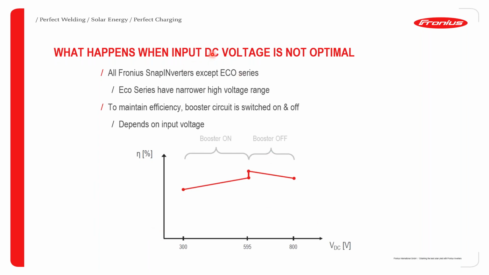So what happens when the input DC voltage is not optimal? All Fronius Snap inverters, except for the Eco series, have what we call booster circuits. This circuit enables inverters to attain optimal production level.